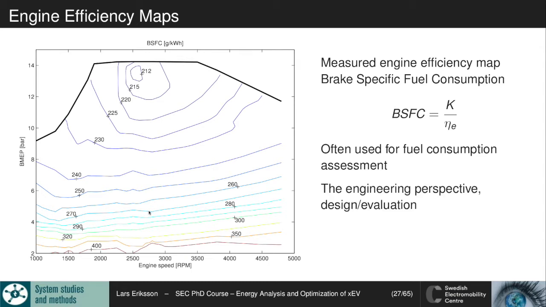So we have an engineering perspective in design and evaluation, where we use it in the design and evaluation of different concepts. When we're doing new concept development, we need to know how the new concept responds in this situation. So what do we do when the map data isn't available?